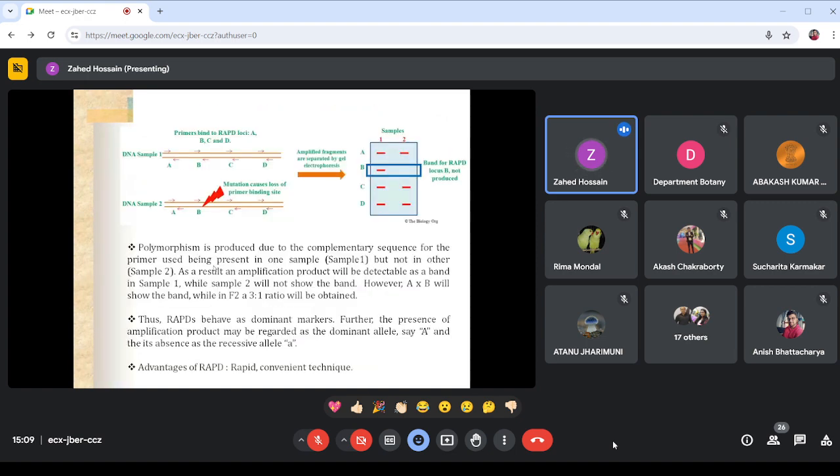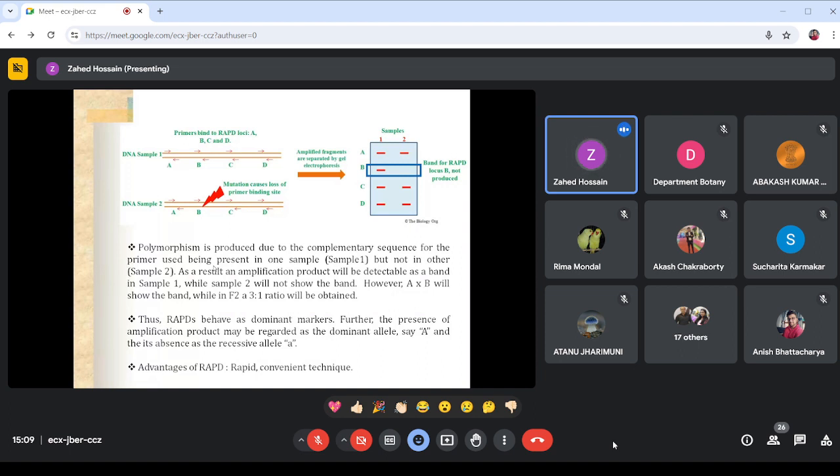So this is a PCR. If you raise maybe 10,000 plants in one batch, you have to randomly collect plant samples, randomly isolate the DNA, and then run the RAPD. Sometimes, out of these 100 samples, one or two samples show either absence of a band or presence of an extra band.